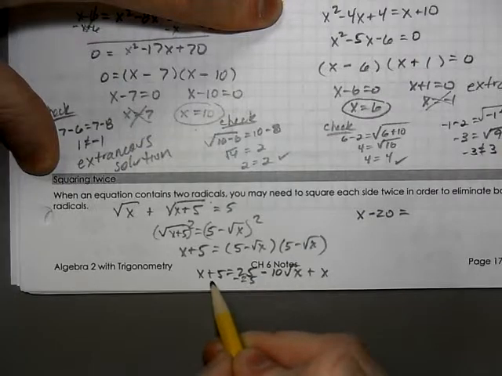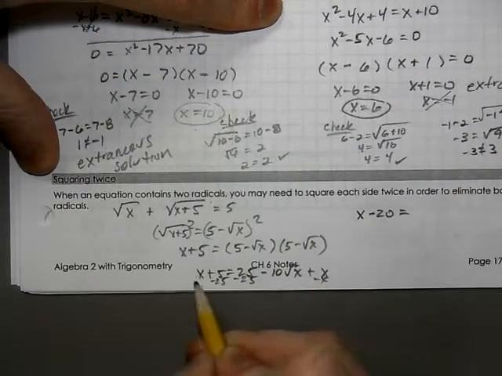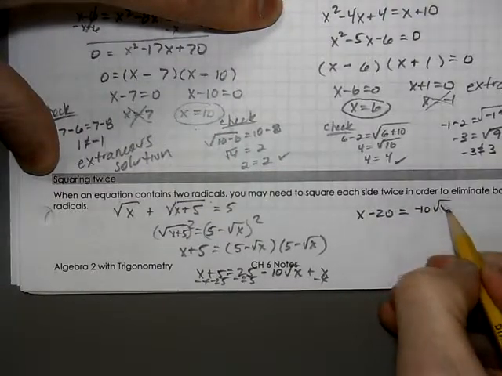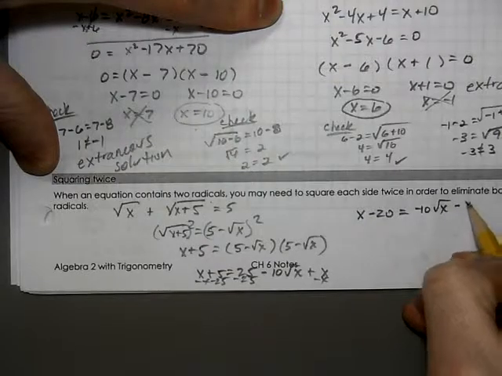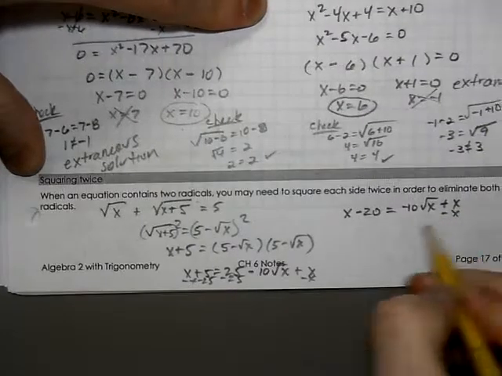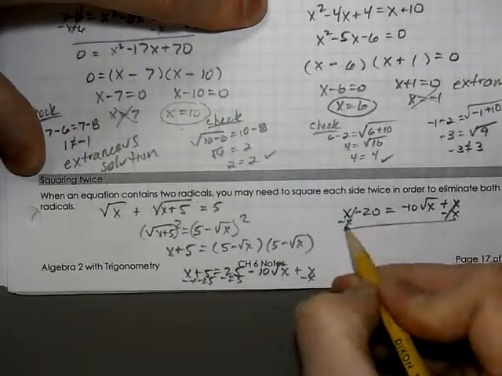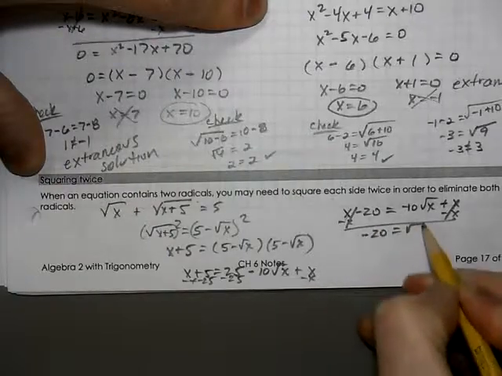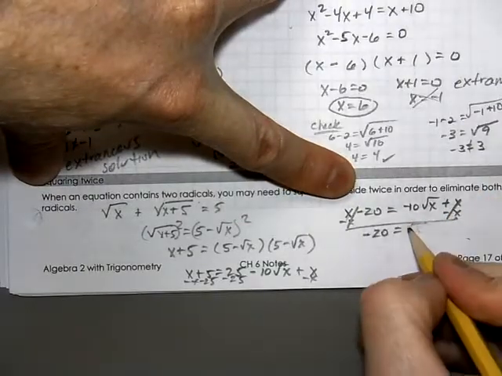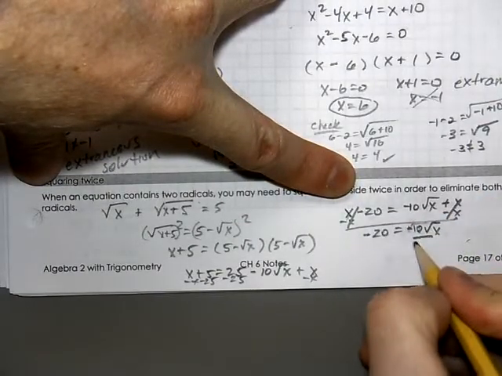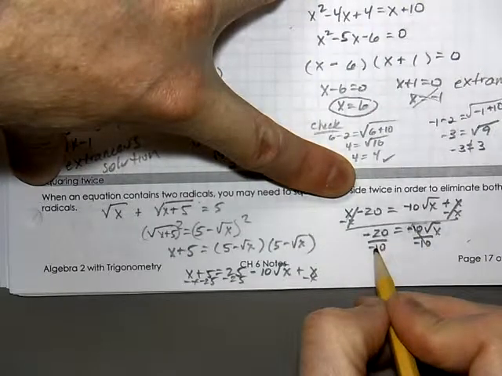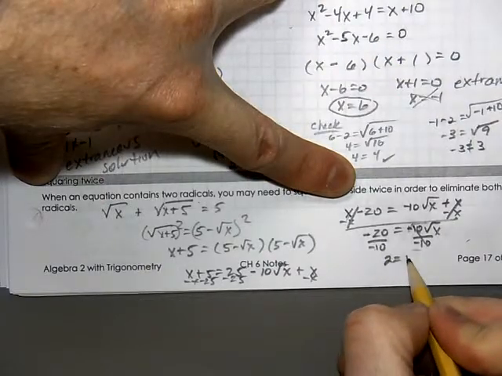Let's see, minus 25 minus 25 minus x would eliminate that. Let's write it out like so. Then you would subtract your x. Don't forget your 10 in there. So we're going to divide by negative 10. And this will come out to be 2.